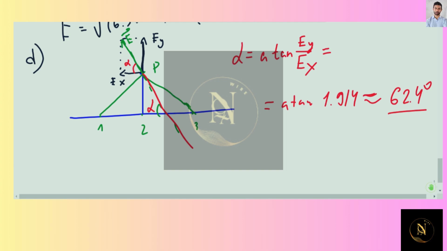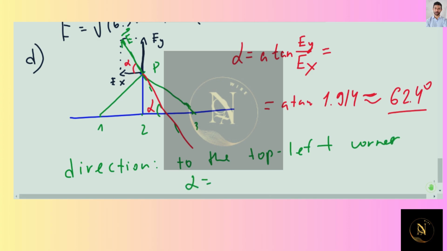So let's summarize this finding. Direction to the top left corner, and the angle is 62 degrees with respect to the line which connects points 1, 2, and 3.